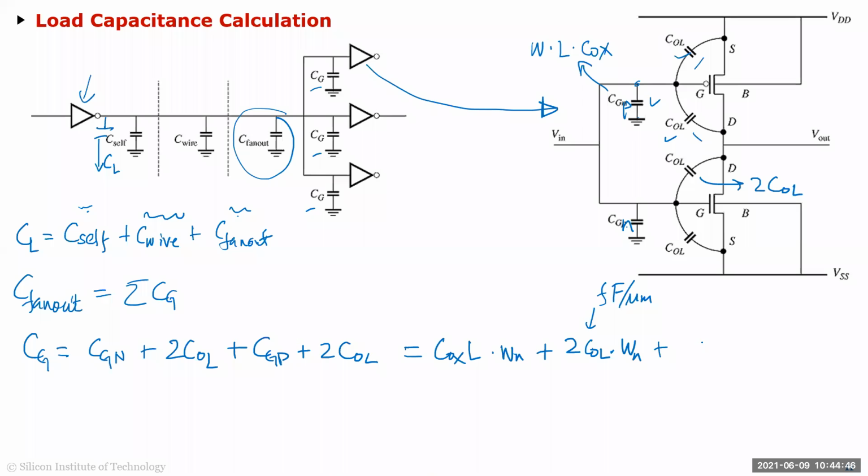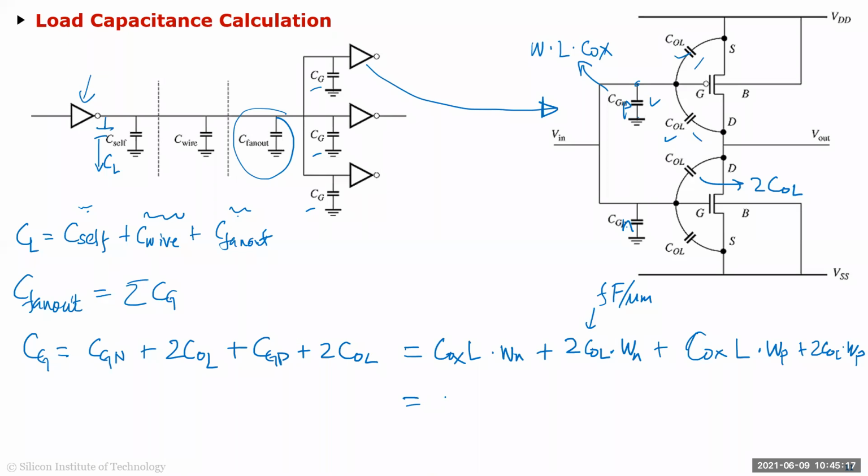And then CGP is the same thing. It's COX times LN. So we are just going to keep L to say that it is minimum L. And then WP plus 2COL times WP. Okay. And COLN and COLP are usually the same, so we just denote it as COL. They slightly differ, but not a whole lot.